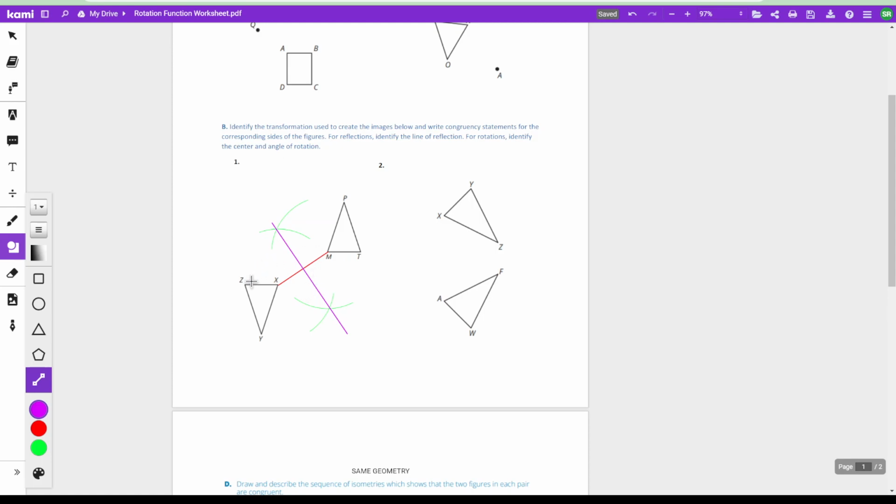And now we want to do this process again for another two corresponding points, or at least points that we believe are corresponding. And where these two bisectors meet is going to be our center of rotation. So let's go ahead and do that. Let's connect Z and T, which look to me to be corresponding points. Hopefully they look that way to you as well. And then we're going to make the perpendicular bisector to that.